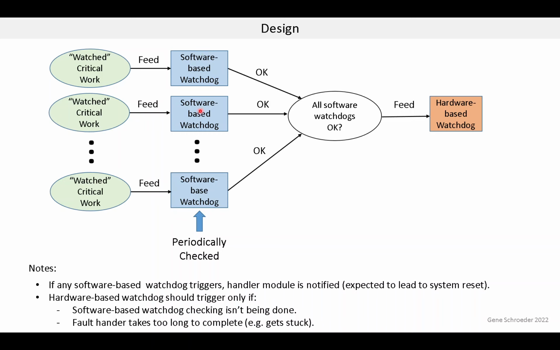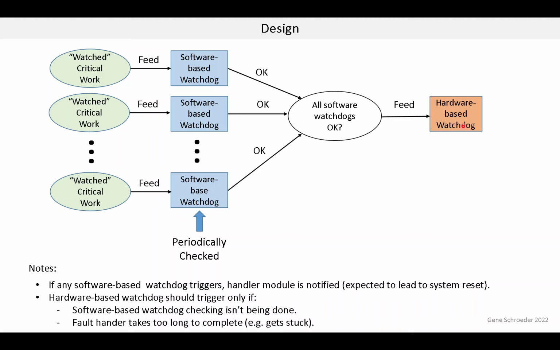Now, this set of software watchdogs is periodically checked, say every 100 milliseconds, to verify that none have triggered. In the normal case, where all of these software watchdogs are okay, the hardware watchdog will be fed. So everyone is happy, everything's working.